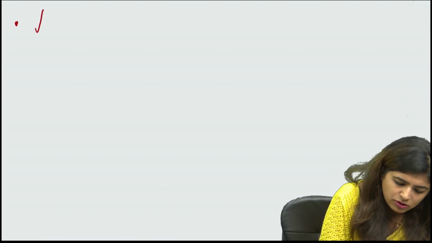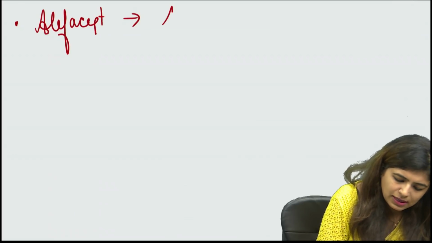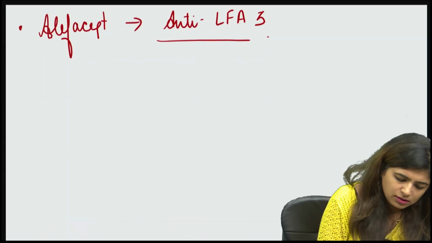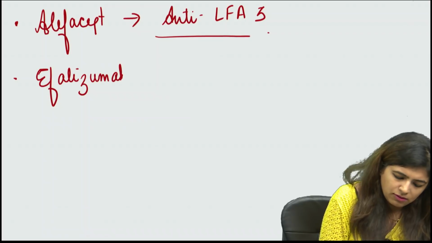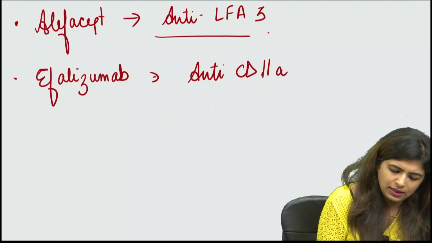These are the most important anti-TNF alpha drugs that you use in psoriasis. Now, what are the other categories? Then the other drug is alefacept. This is an anti-LFA3 drug. Then you have efalizumab, this is anti-CD11A.